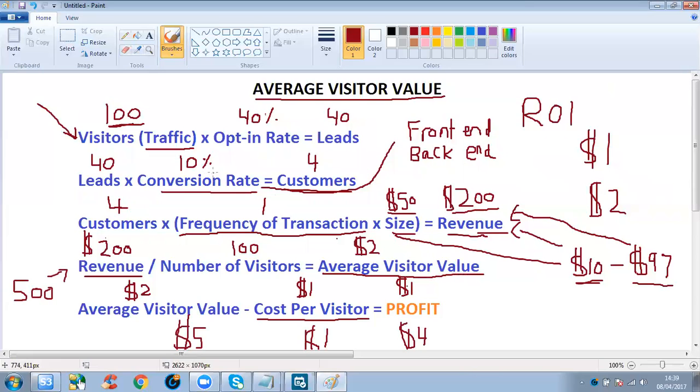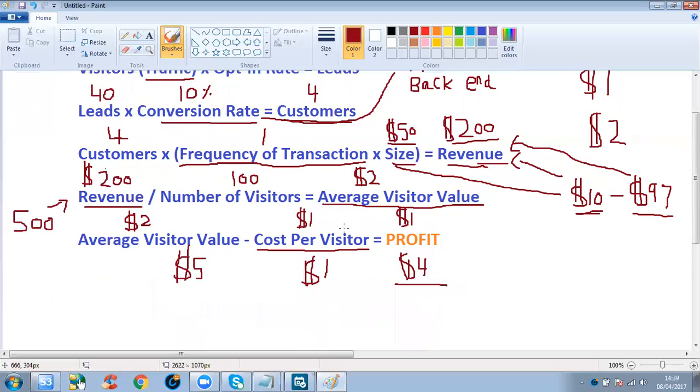So it's really, really important to improve your opt-in rate, improve your conversion rates, have some kind of continuity residual monthly program, or a bigger, more expensive product, or an upsell. So pick either or all of them, and then you're going to be making much more per visitor.